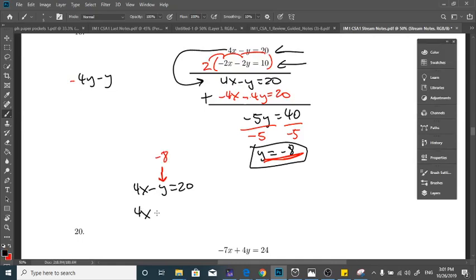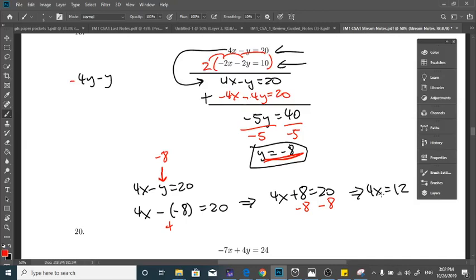So you can write 4x minus -8 equals 20. Minus negative means plus. So 4x plus 8 equals 20. Subtract 8 from both sides. We end up with 4x equals 12. Divide by 4, x equals 3.